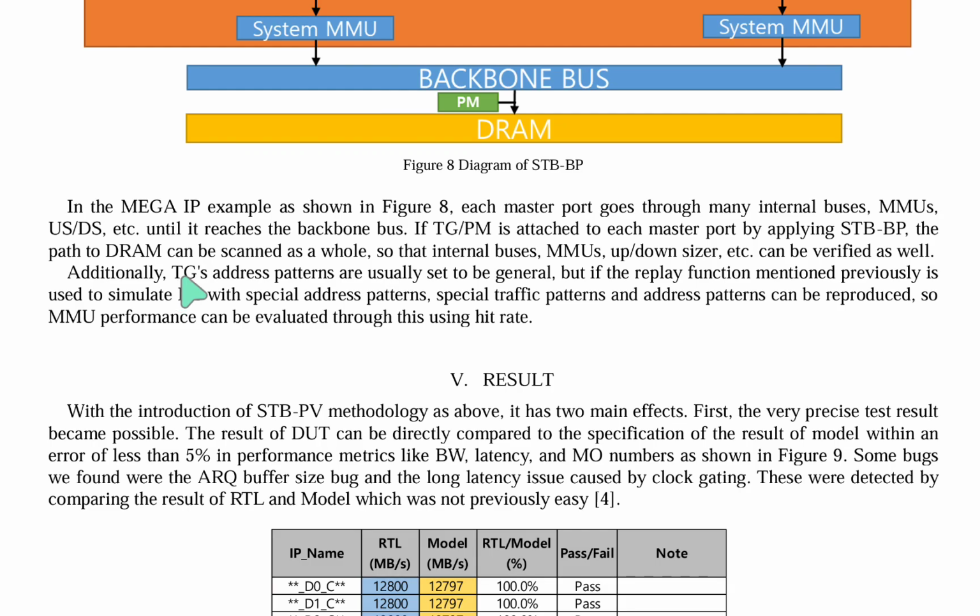Additionally, TG address patterns are usually set to be general, but if the replay function mentioned previously is used to simulate the IPs with special address patterns, special traffic patterns and address patterns can be reproduced. So MMU performance can be evaluated through the hit rate.